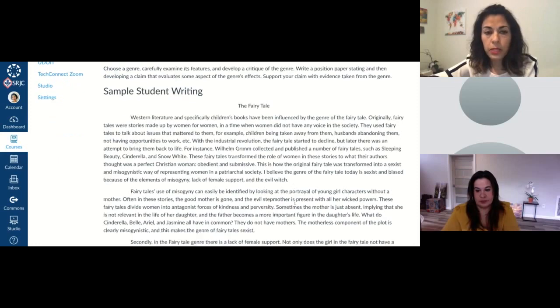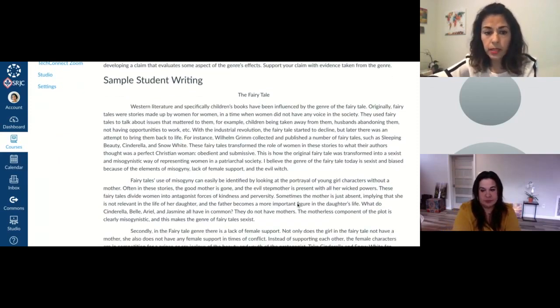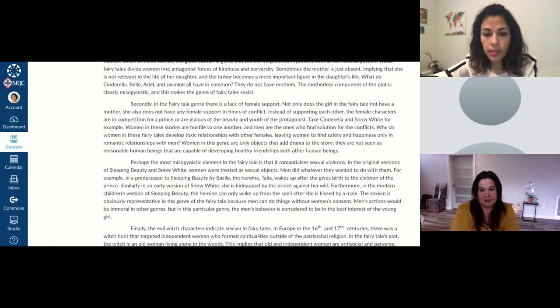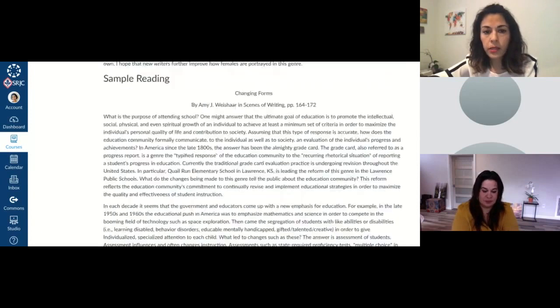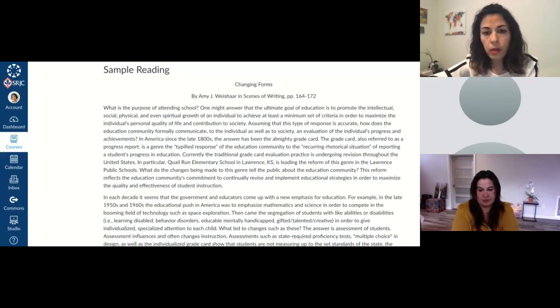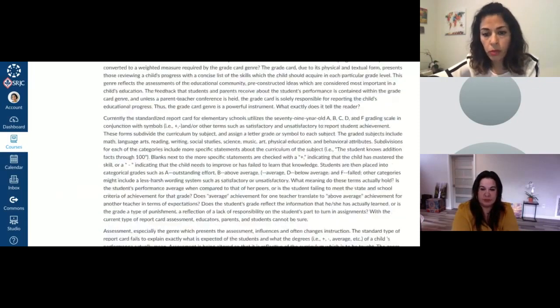And this sample student writing focuses on the genre of fairy tales and criticizes its shortcomings. And here is a sample reading taken from the textbook that we are using in ESL 10. We use this with permission from the authors.